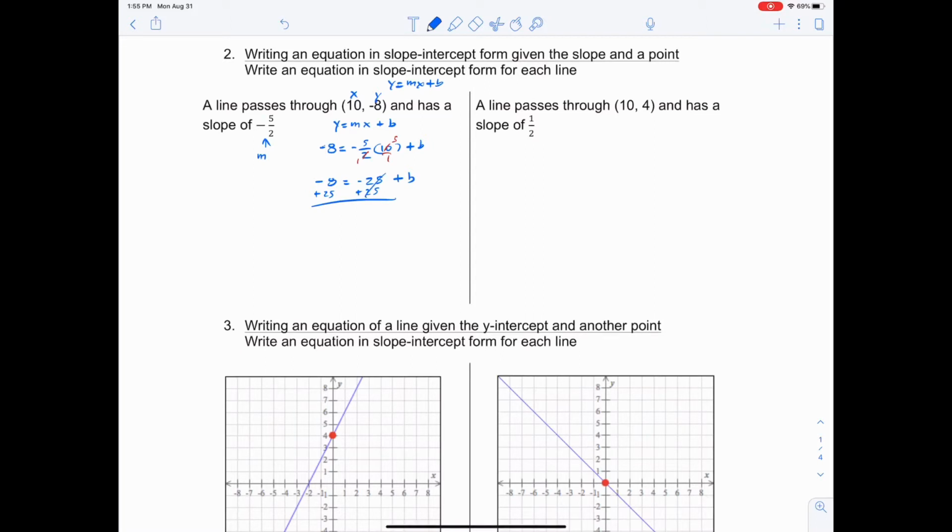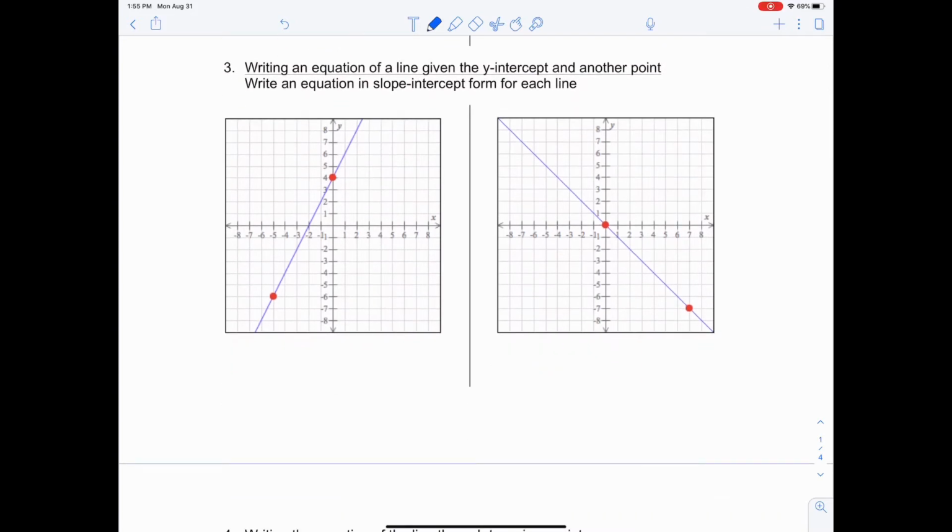So 17 equals b. Now I know my b. So now it says write an equation in slope-intercept form. Well, I know y equals, my slope is -5/2 x plus 17. There we go. That's slope-intercept form. Try the one on the right-hand side.